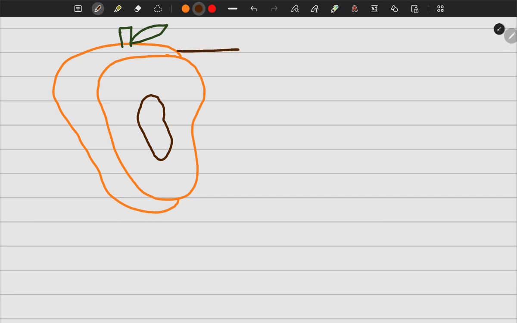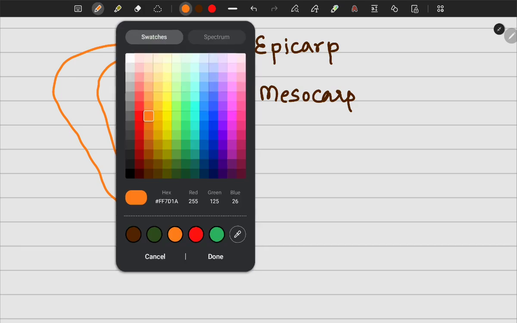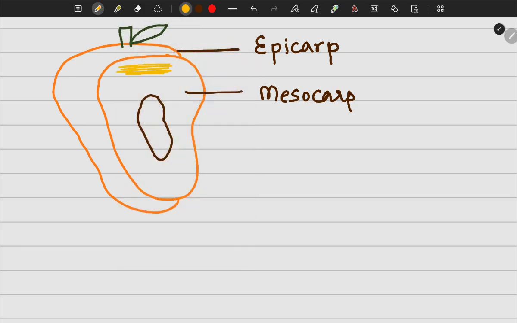The outer peel is the thin epicarp, then the middle fleshy part which we usually eat, the sweet and sour and juicy part, is the mesocarp.